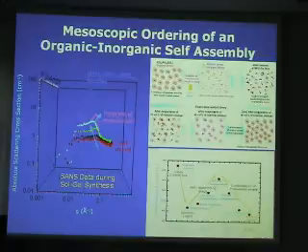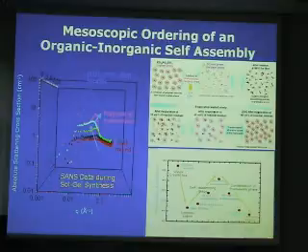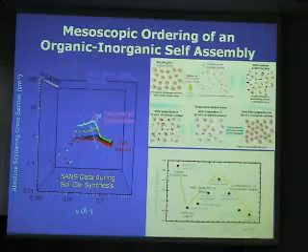Then just after mixing with the inorganic solution, we have an isotropic phase. Then after stirring for several minutes, the odor comes up, and then during evaporation, the organic phase and inorganic phase start to associate with each other and make a self-assembly up to a certain point of evaporation.